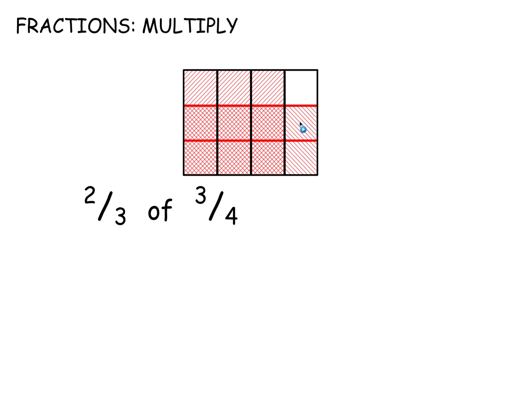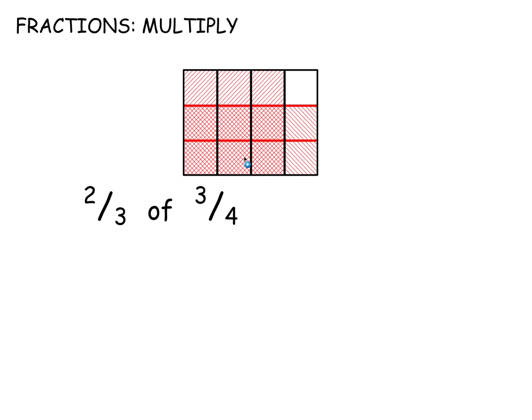Split it horizontally, so I've shaded 2/3. The bit that's cross shaded now, this part in here, that's 2/3 of the original shaded 3/4. So this cross shaded part is the part which is 2/3 of the original 3/4 that I had.